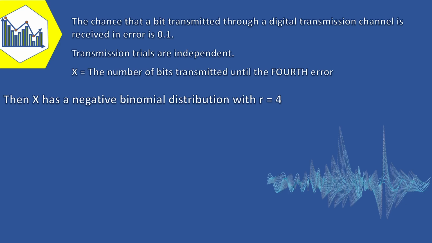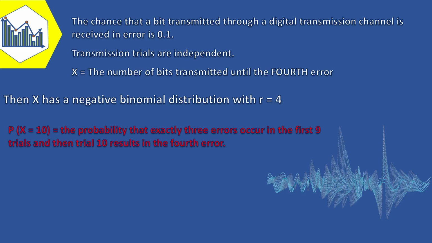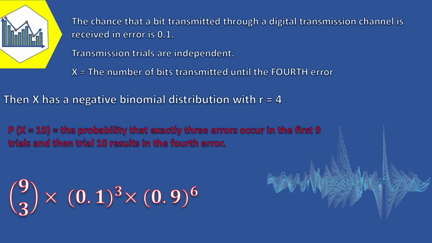For example, the probability of x equals 10 is the probability that exactly 3 errors occur in the first 9 trials and then trial 10 results in the fourth error. The probability that exactly 3 errors occur in the first 9 trials is determined from the binomial distribution to be 9 choose 3 times 0.1 to the power of 3 times 0.9 to the power of 6.